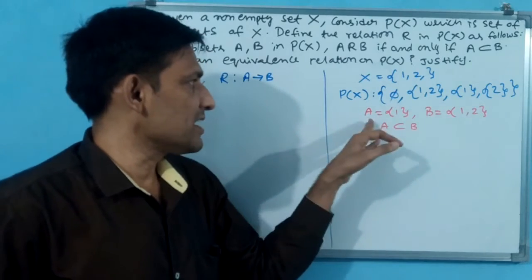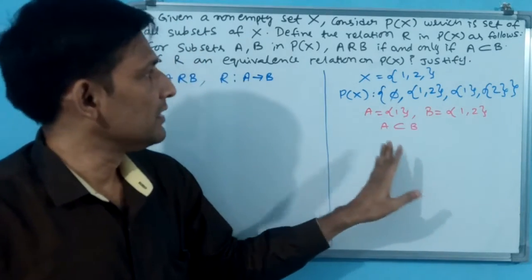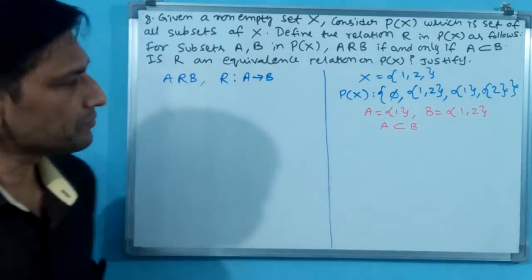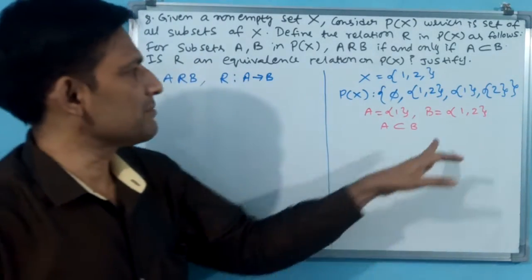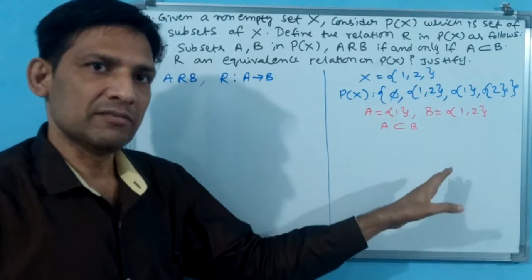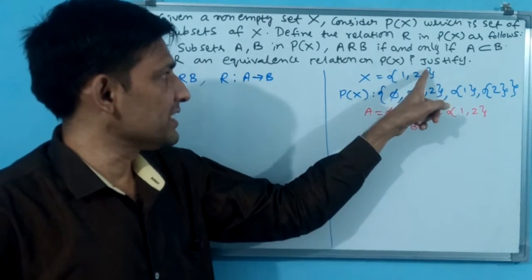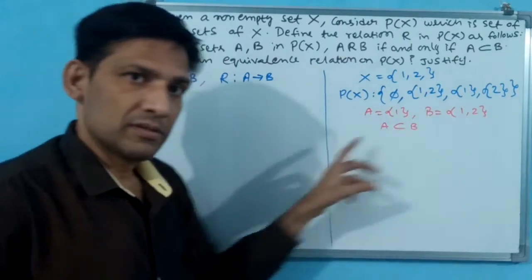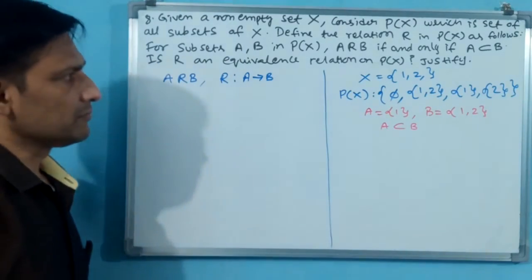B is the superset, A is the subset. Actually, if you take 3, that will be okay, but P of X will come more. Now B and X have become equal. That is why take 3 here, and only 1, 2 here. Then with 3, P of X will be more.